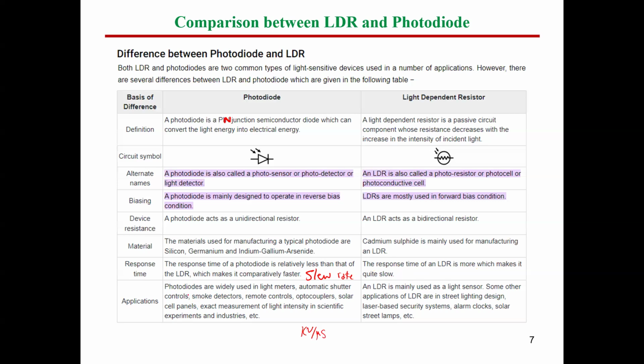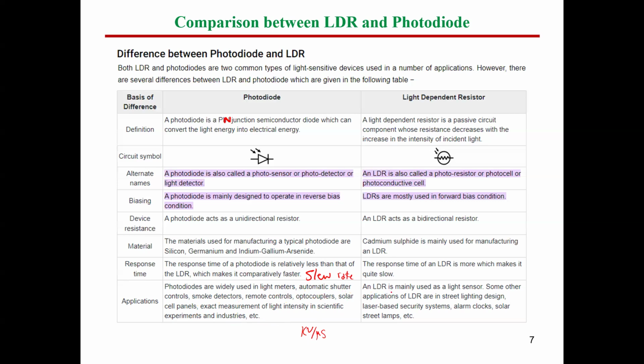As for applications, photodiodes are widely used in light meters, as we mentioned, like lux meters, automatic shutter controls, smoke detectors, remote controls, optocouplers, solar cell panels, exact measurement of light intensity in scientific experiments, and instruments and industries. So it's preferred in many industrial applications.